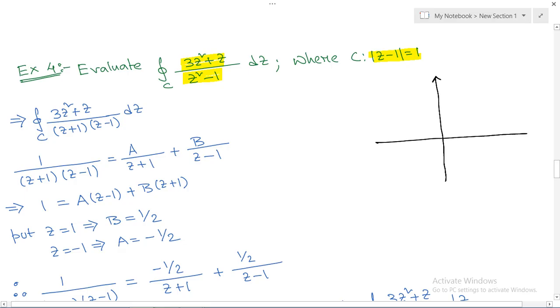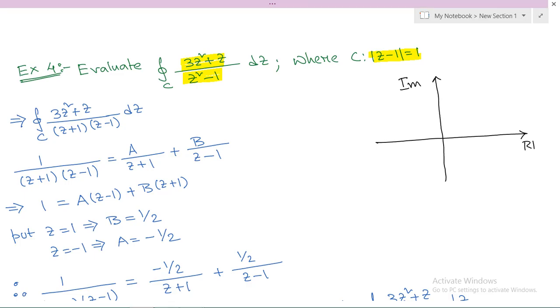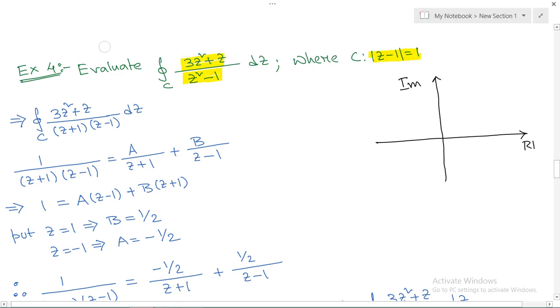So here it is our real axis, here it is our imaginary axis. Now you can see the center of the circle is at the point 1, and the radius is also 1. So on the real axis, the center is 1, now it will go to radius 1, so it will come to 2 here, and it will come to 0 here.